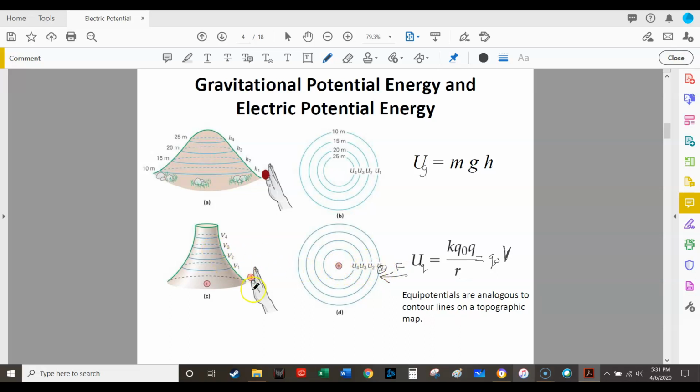These are voltage lines, and it's going to be fighting you as you push it up. So you're going to have to do positive work in pushing this positive charge closer to this source charge. You're going to be doing positive work in pushing our test charge Q sub 0 closer to this source charge, which is creating a voltage.